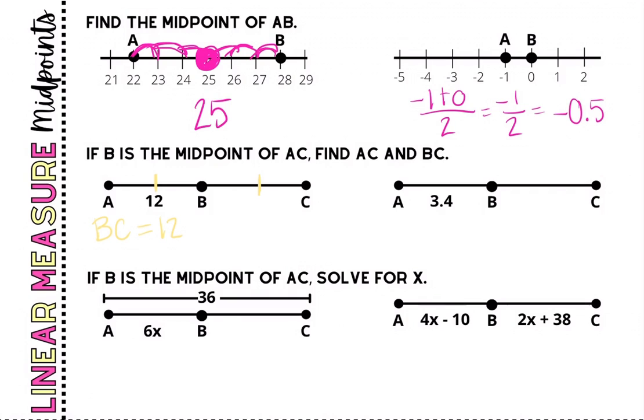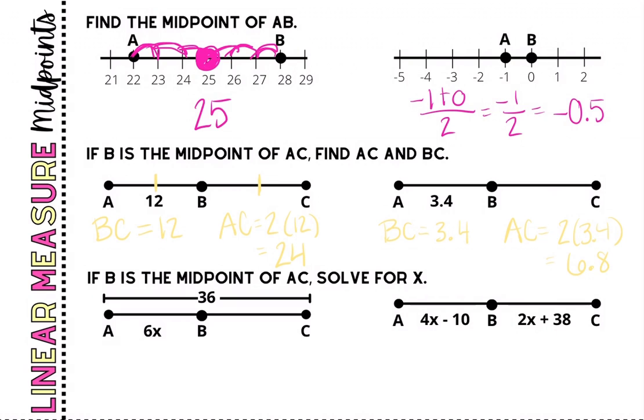Since they're equal, AC is 2 times 12, so AC is 24. The next one is the same thing. AB is 3.4, so BC is going to be 3.4, and AC is 2 times 3.4, which is 6.8.